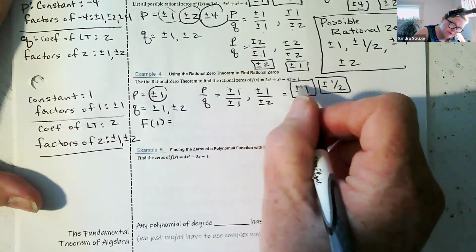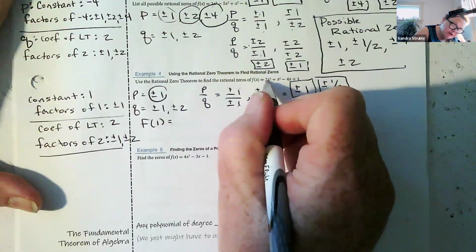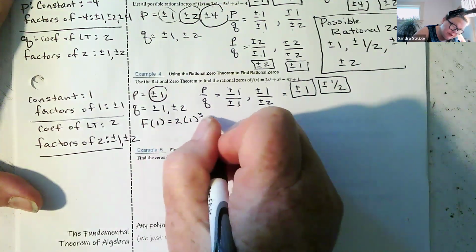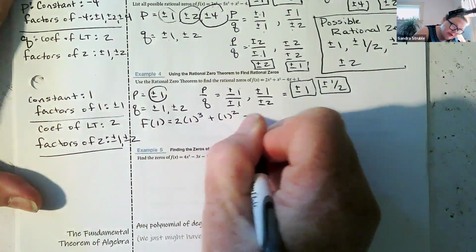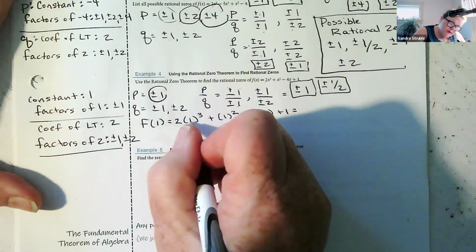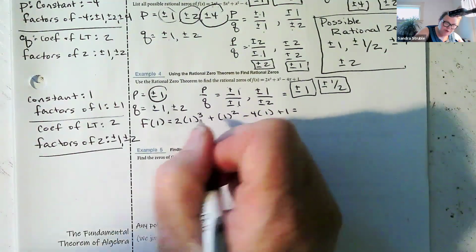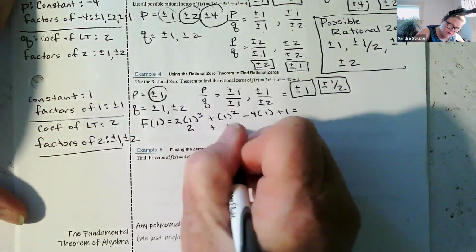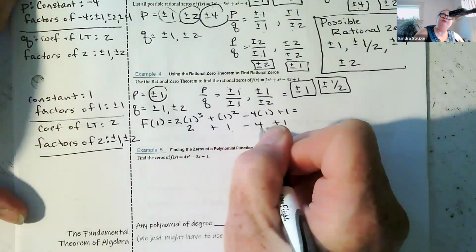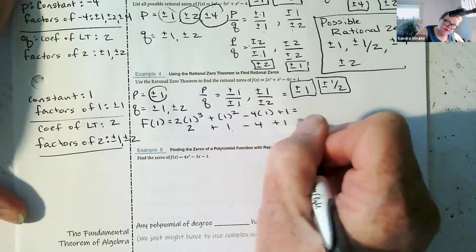Plus or minus 1. So I'm going to put in 1 for the first one. 2 times 1 cubed plus 1 squared minus 4 times 1 plus 1. 1 cubed is 1 times 2 is 2, plus 1, minus 4, plus 1. 3 minus 4 is -1 plus 1 is 0.